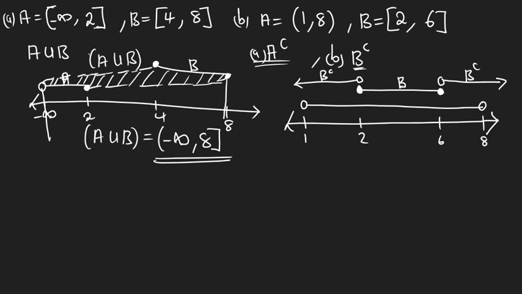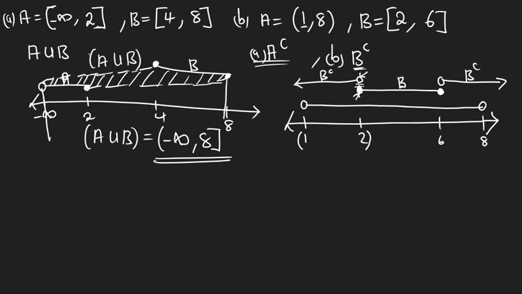Then you are going to take this value. So 1 was not part of the set, so it's going to be an open circle. 2 is not part because this is an open circle here. Have you seen? Open circle. So 2 won't be part because 2 was part of set B, so it won't be part of the complement.